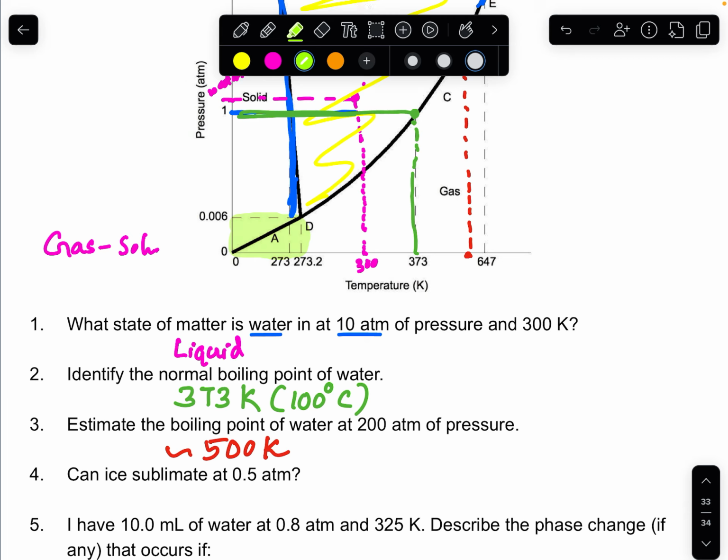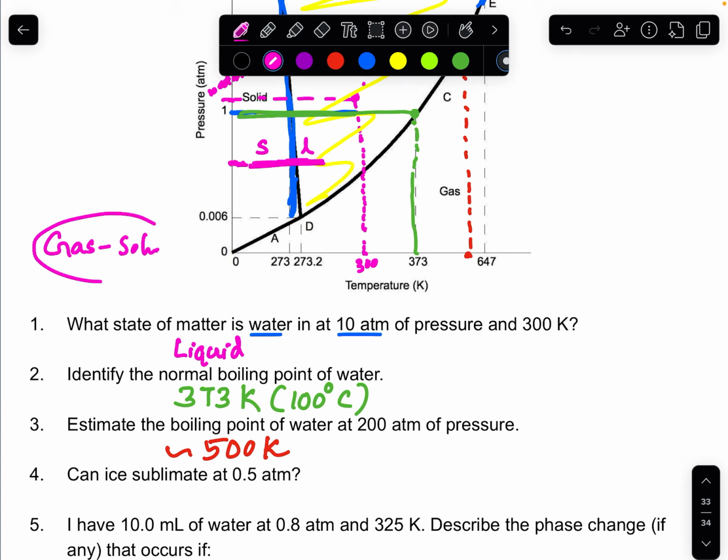Okay, now let's read the question. It says 0.5 atm, can you sublimate? I would say no, because 0.5 atm is here somewhere. It is between what and what? Solid and liquid.